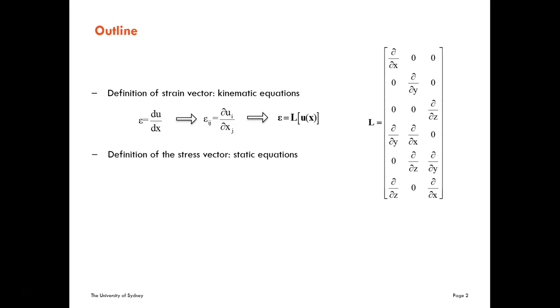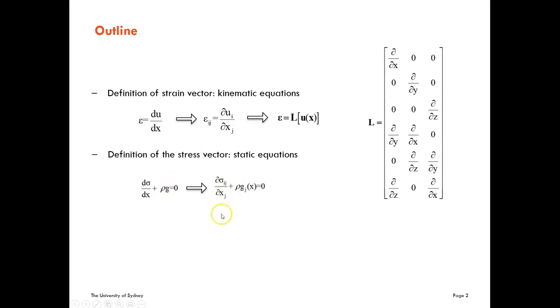Then we are going to define the stress as a vector from the static equations. So this is the balance of forces in 1D when there are only gravity forces.